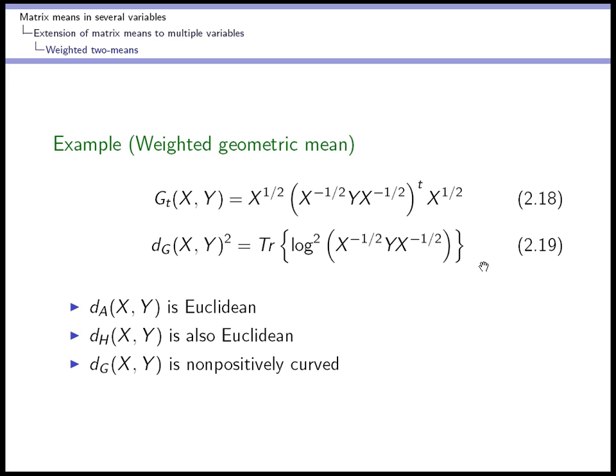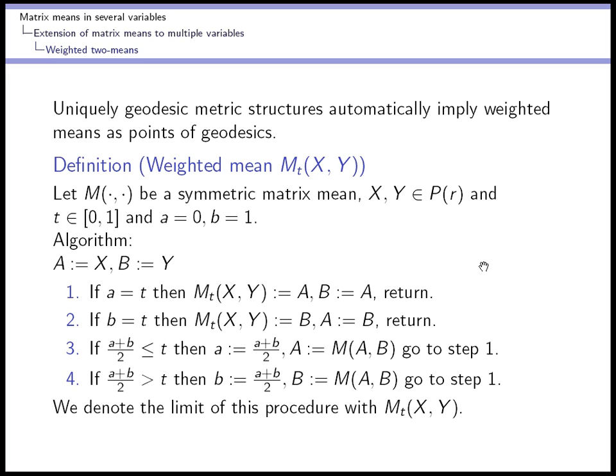But actually, we don't have this, although I think this is a very nice research problem, and one can be interested to find other Riemannian or, for instance, Finslerian metrics, where the corresponding midpoint map is a matrix mean. But anyway, we can define weighted mean in the case when we don't have a corresponding metric space. It is defined as the following.